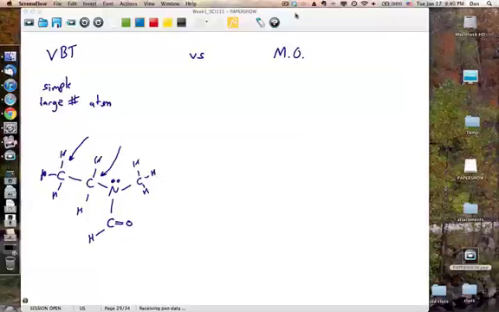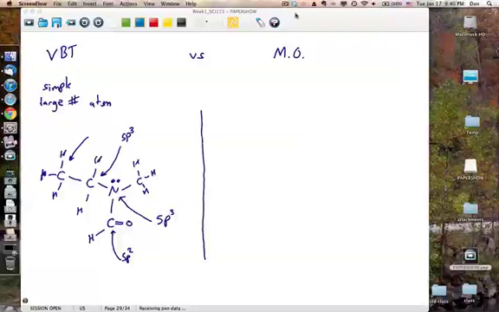And we can look at this carbon and see that it is sp3 hybridized, and that tells us the arrangement of the electrons, that this nitrogen is sp3 hybridized and has a lone pair on it, and that this carbon is sp2 hybridized. And so we can use this to start to gauge and build structural information using valence bond theory.